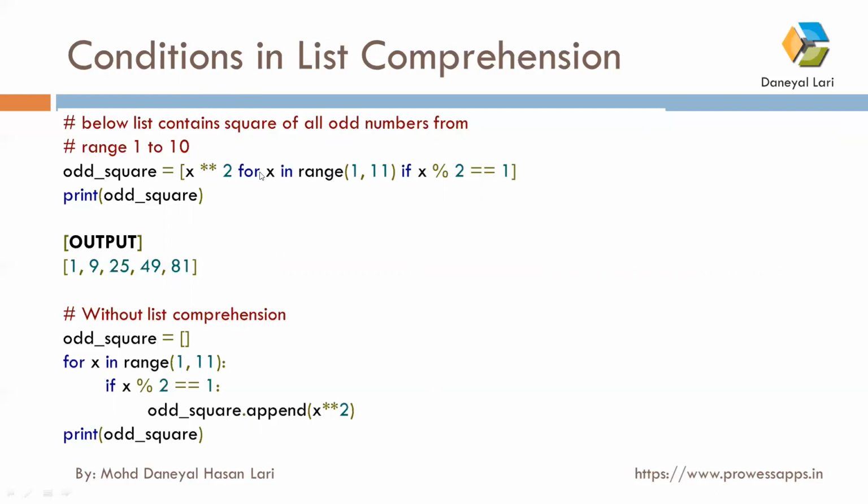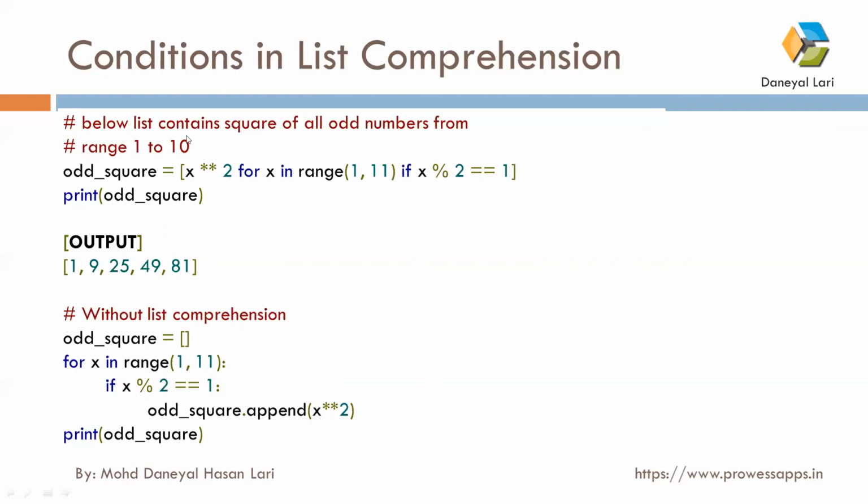But the number whose square I want to generate must be odd. So after that I will write a condition: if x mod 2 is equal to 1, it means it is an odd number, so it will return that x to this expression. Now this will generate your odd square numbers.